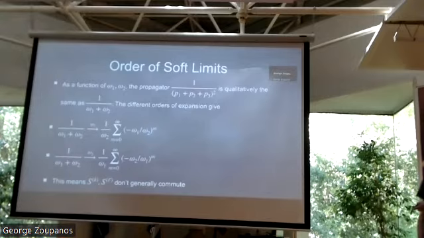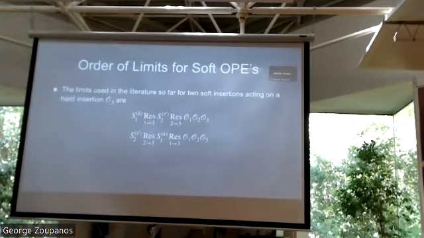And this means that if I grab a certain power of omega 1 and then a certain power of omega 2, the order in which I do that is going to matter. But the limits used within the literature so far to compute these current algebras were implicitly using a limit like this, where you start with a hard thing, and then you take a residue, and then you take a soft limit, and then you take another residue, and then another soft limit.